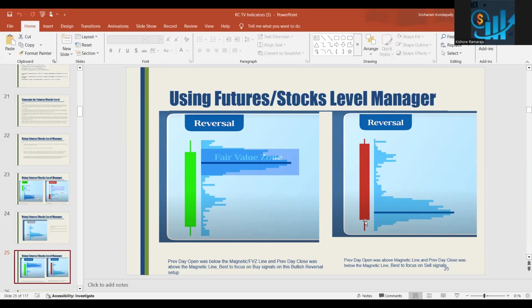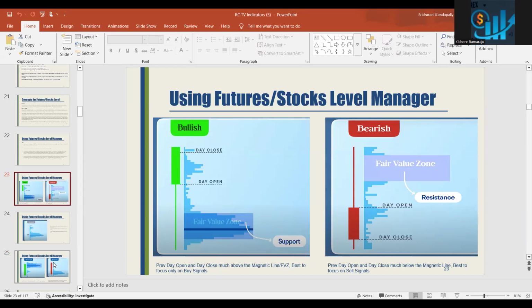Here the open was above the magnetic level, but the close was below the magnetic level. That means there is a trend reversal, right? The trend was reversed from bullish to bearish. The open was here, close was here. So that means the trend can continue. So this is the major difference. Here open and close are above, here open and close are below.